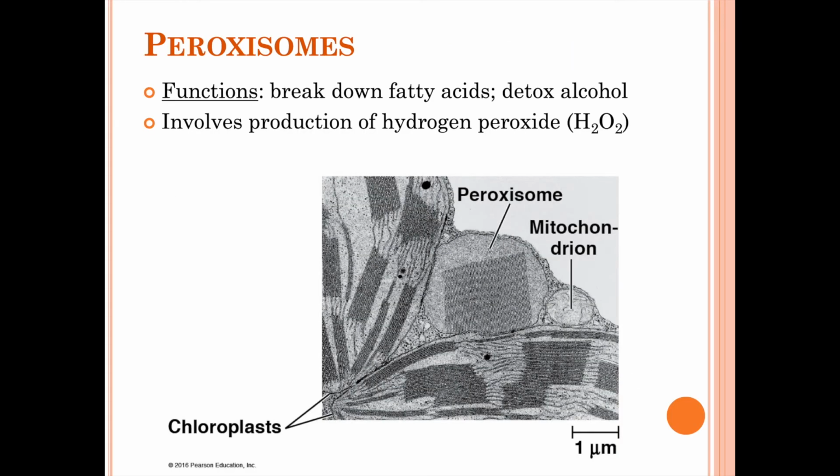Another interesting organelle are peroxisomes. These are organelles found in both animal and plant cells, and the function of them is to break down fatty acids and detoxify alcohol, and in the process of doing so, this involves the production of hydrogen peroxide.